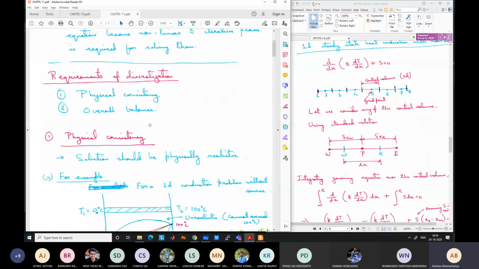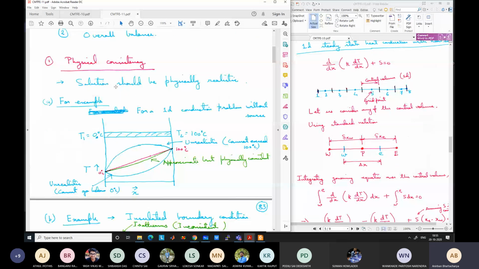It means the solution has to be physically realistic, what we know from physics. For example, say there is a 1D conduction problem without any source term, where one end is kept at 0 degrees centigrade and another at 100 degrees centigrade. Initial temperature is say 30 degrees.